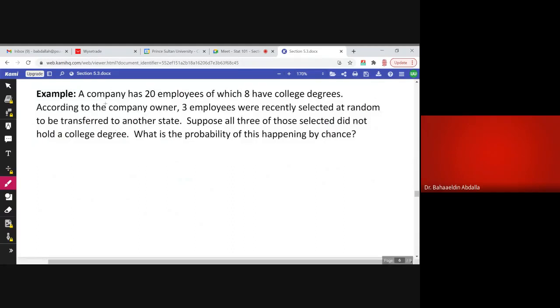Another example: a company has 20 employees, of which 8 have college degrees. So these 20 employees are the numbers in the population, capital N. And they are divided into college degrees, so C, for example, let us say C college degrees. How many with college degrees? 8.